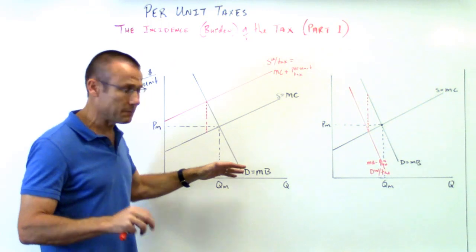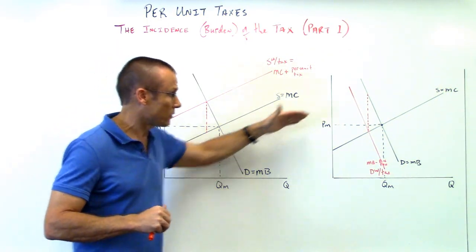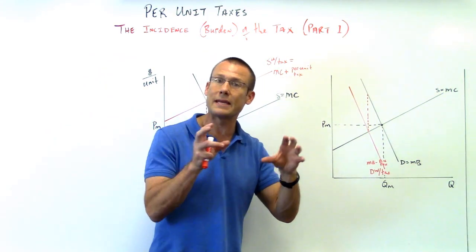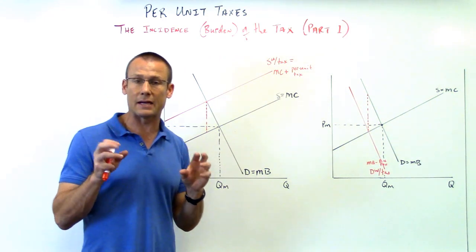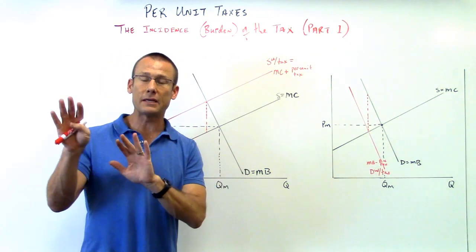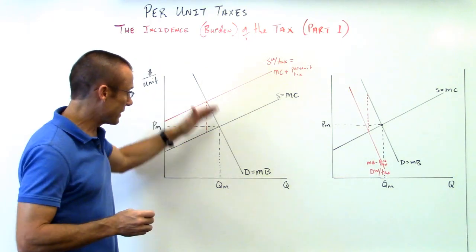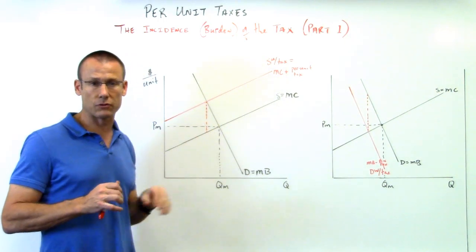The PED, price elasticity of demand value, is much lower in both situations because demand is steeper, much more inelastic than supply. Supply is much more elastic, which gives us a greater PES value than PED value. Hopefully that made sense. More inelastic demand, more elastic supply in both graphs, okay?